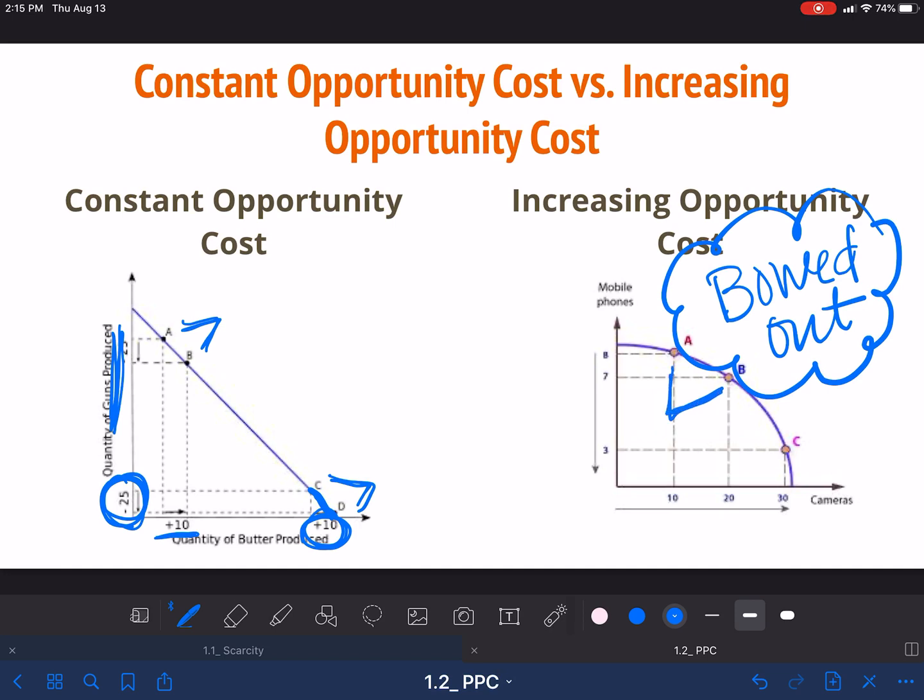So if we move from A to B, we are losing 1 phone. And if we go from B to C, how many phones are we losing? 4. So we went from 1 phone to 4 phones. So we've increased our costs by moving along the increasing opportunity cost PPC.